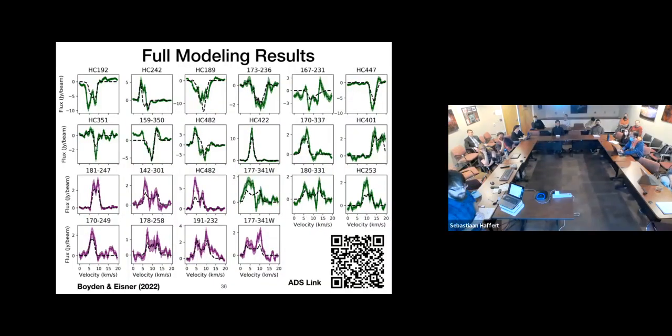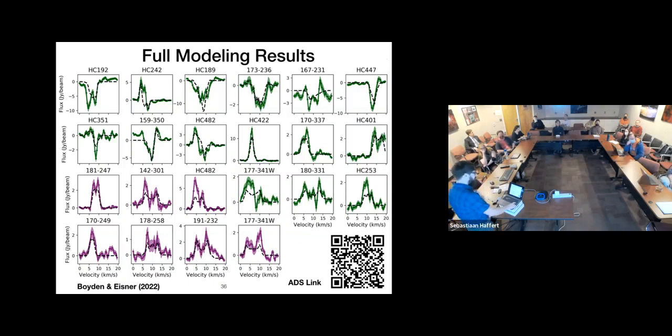Here I'm illustrating the results of our entire modeling and fitting procedure. Each panel here shows the spatially integrated spectra of one of the ALMA detected gas disks in my sample, where these green colors show detections in CO, and these purple colors show detections in HCO+. The black dashed line in each panel shows the best fit chemical disk model that I got from my fitting procedure.